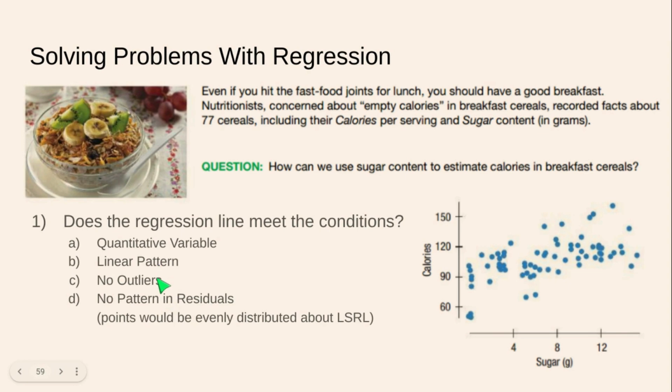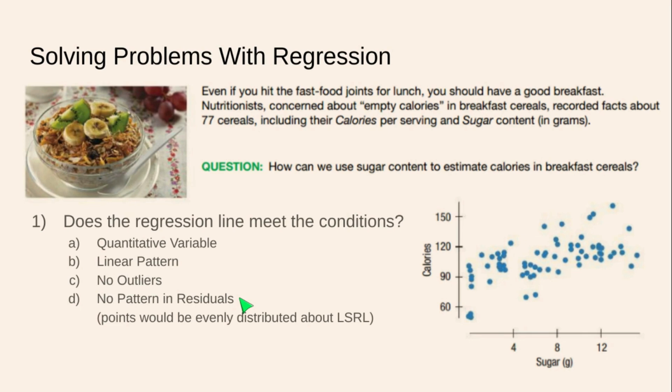No outliers. I don't see any really clear outliers. There is this cluster at the bottom here that's a little off the beaten path. There are some values up here, but no clear outliers. And no pattern in the residuals. Now, we don't have a residuals plot, unfortunately, and we don't have a set of data to plot the residuals for.